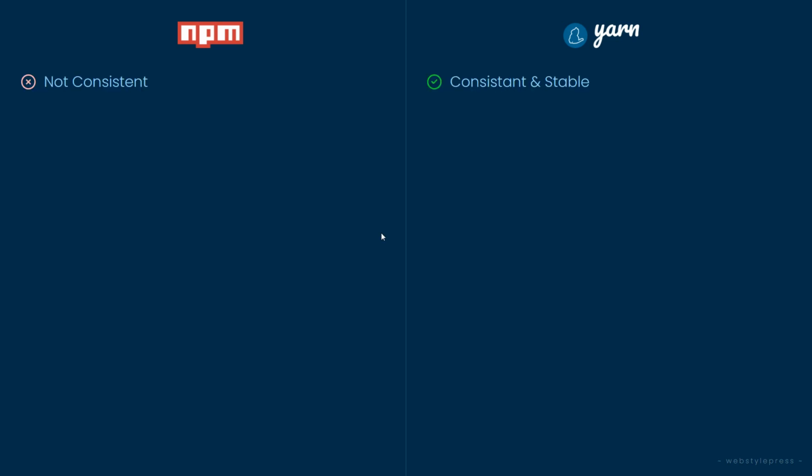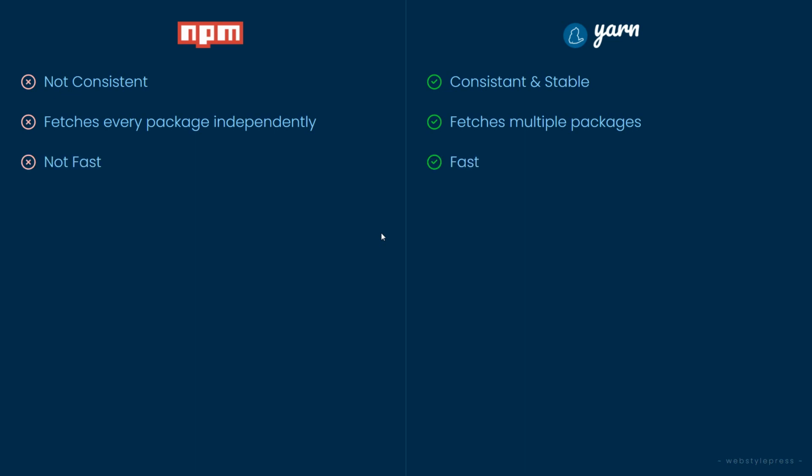NPM is not consistent, but Yarn is consistent and stable. Yarn guarantees that an install that works now will work in future as well. Yarn strongly binds package versions. NPM fetches each package separately, while Yarn can fetch multiple packages at the same time.